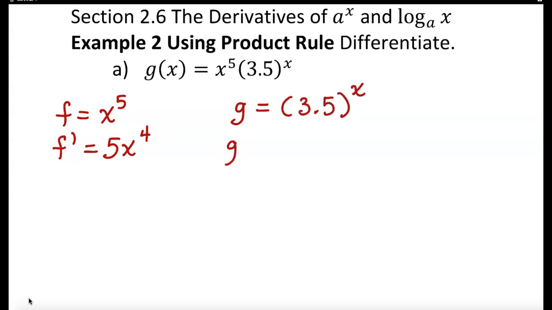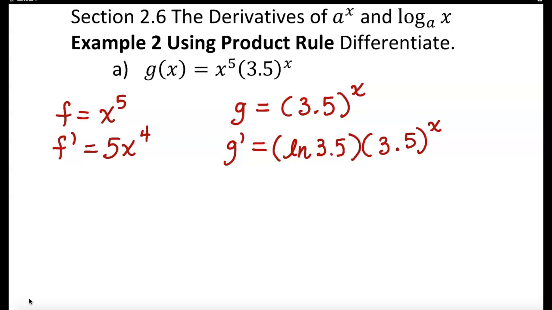Well, then what is G prime? Well, G prime is, you write that down first, 3.5 to the x power. That stays the same. But I need to now multiply that by natural log of 3.5.